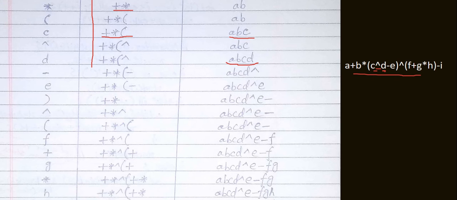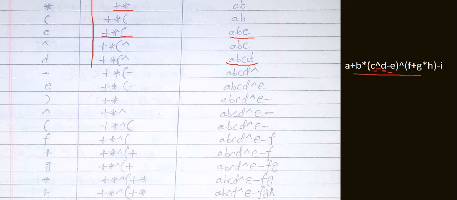Now the minus operator. If the machine is going to push it into the stack, there is a rule that any operator which is already in the stack with higher or equal precedence will first pop out, and then we push this operator.